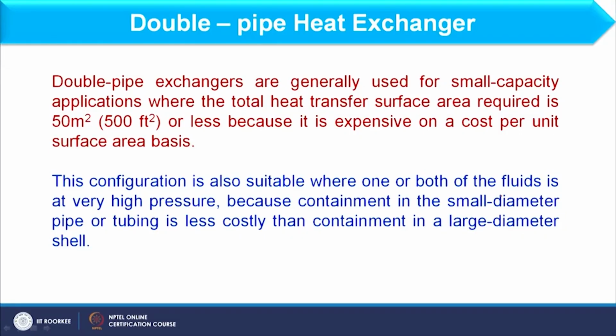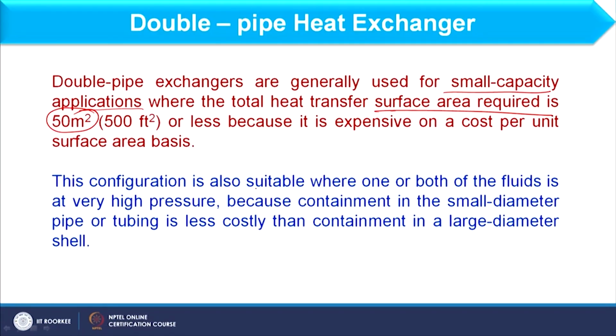And here we are discussing some more important facts about the double pipe heat exchanger. Double pipe heat exchangers are generally used for small capacity applications where the heat transfer surface area is around 50 square meters or less. Though we are considering hairpins, it still occupies a sufficiently large area on the floor in comparison to other heat exchangers, and therefore we do not use a double pipe heat exchanger for a large or very high load.